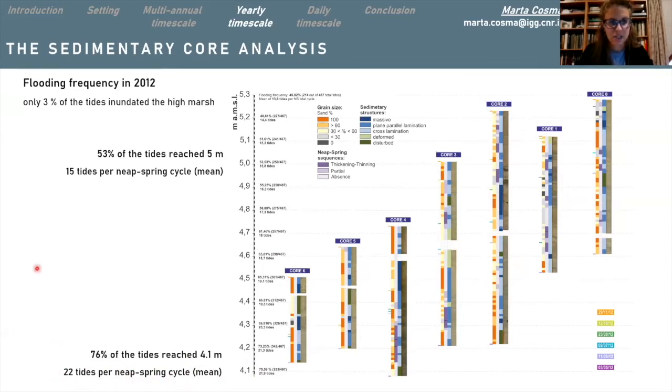And this, I will go back to in a few slides, is really affecting the kind of tidal rhythmites we can register in this area.